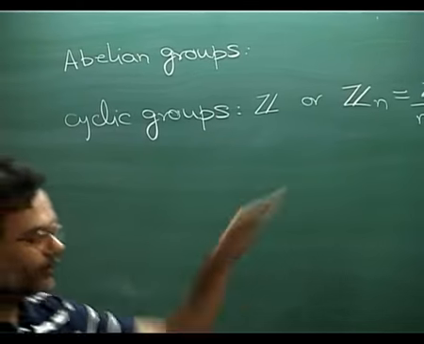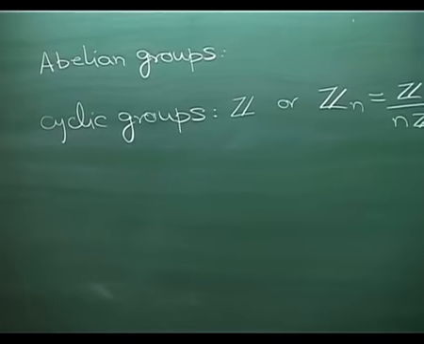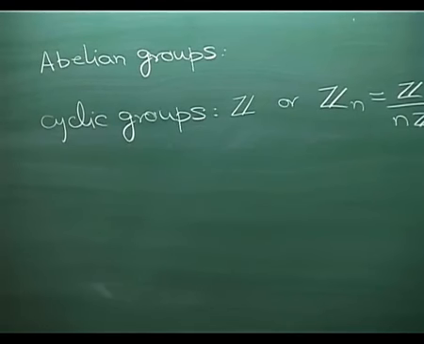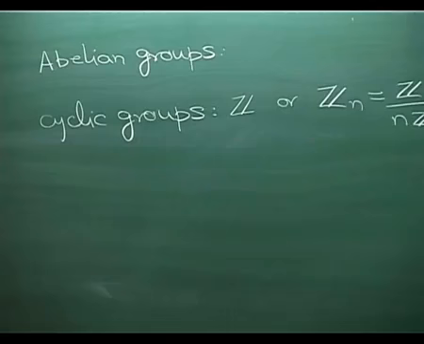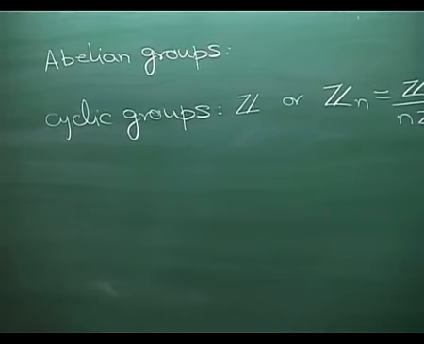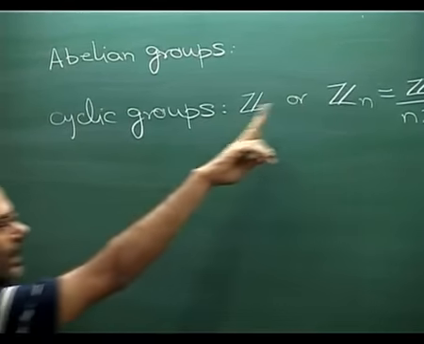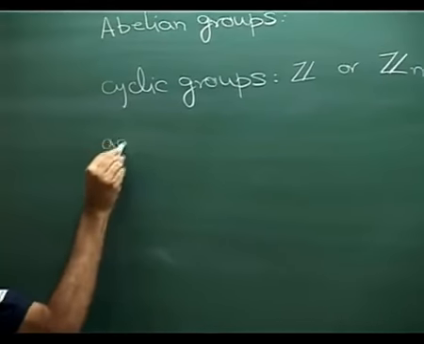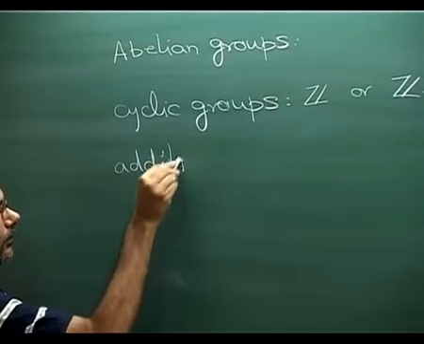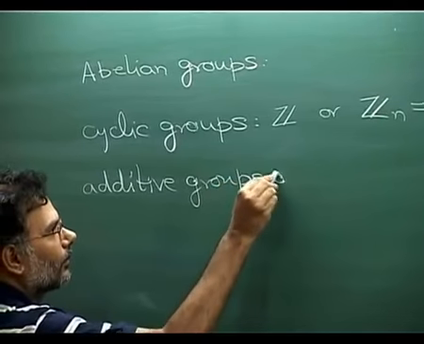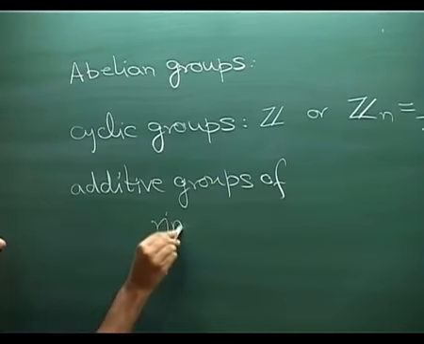Now, Z mod nZ is actually a ring. It has a multiplication, and when we regard it as a group, we are just forgetting the multiplication. In general, you can take any ring, forget about the multiplication and regard it as a group, the additive group of that ring. So just like we did for Z or Z mod nZ, we can take additive groups of rings or fields.